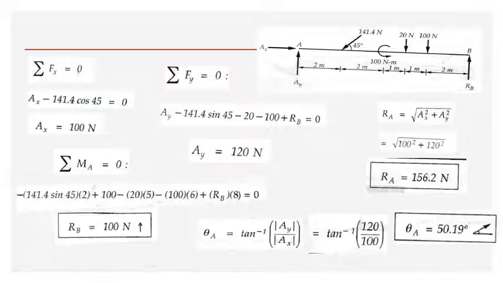If the couple moment is given, it should be substituted while applying the moment equilibrium condition. So don't multiply the moment by the distance. If you keep all this in mind, it is very easy to find the support reactions. Let's go to the next problem.